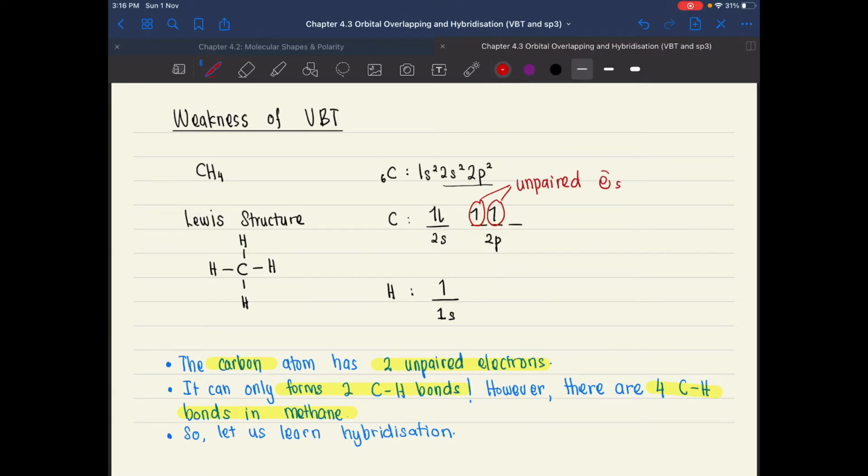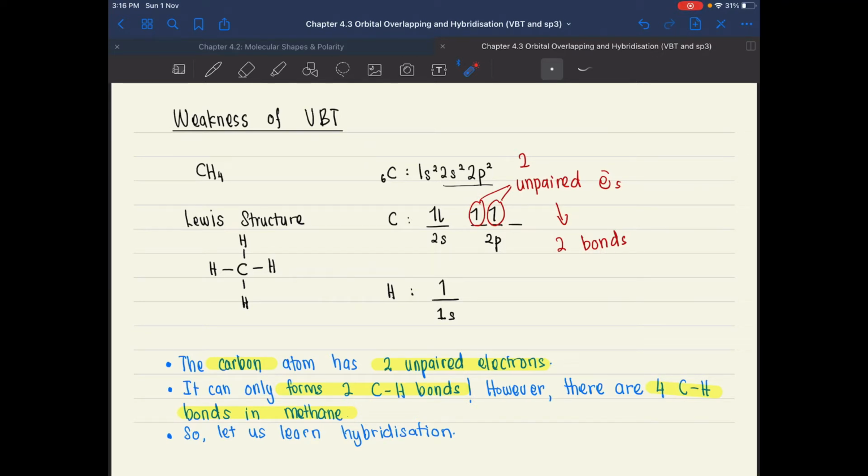So there are 2 unpaired electrons, which means they can form 2 bonds. But if we look again, our CH4 molecule has 4 bonds, while we only have 2 unpaired electrons, that means we can only form 2 bonds.